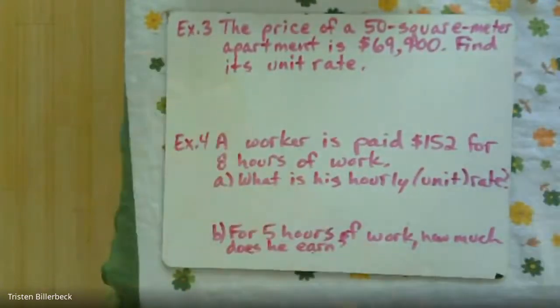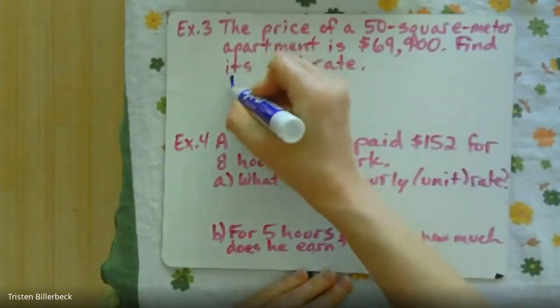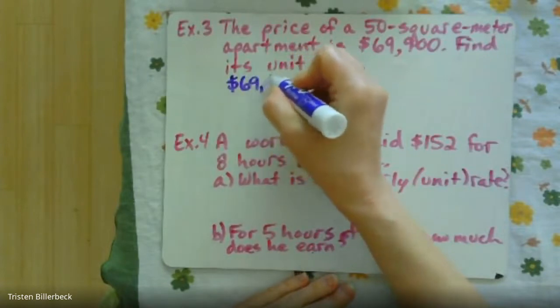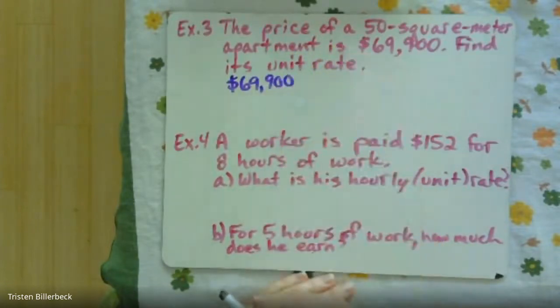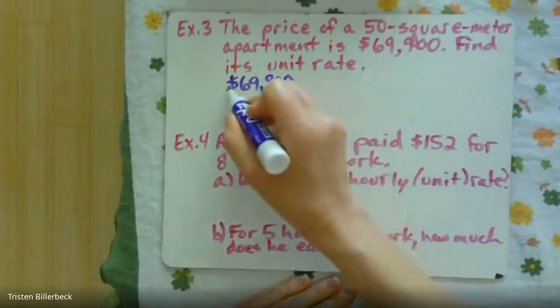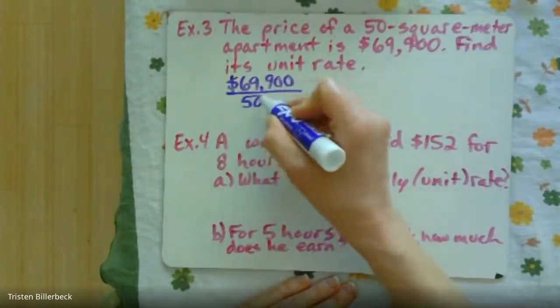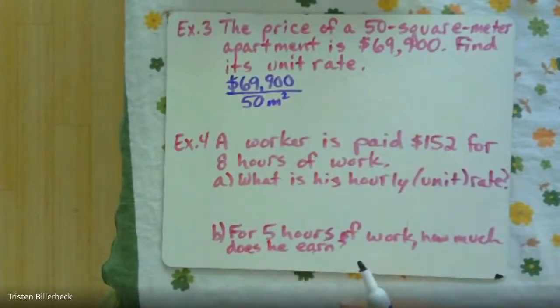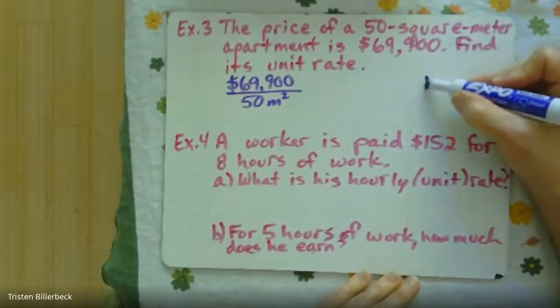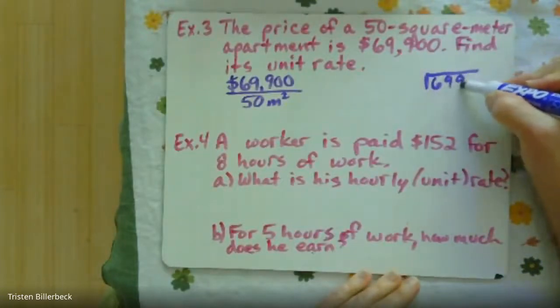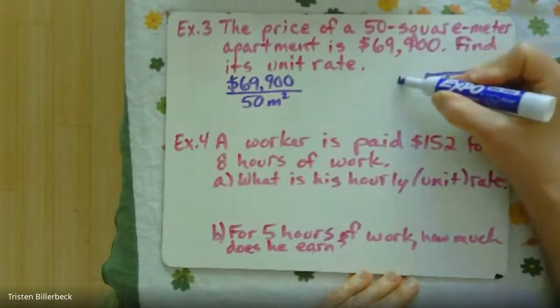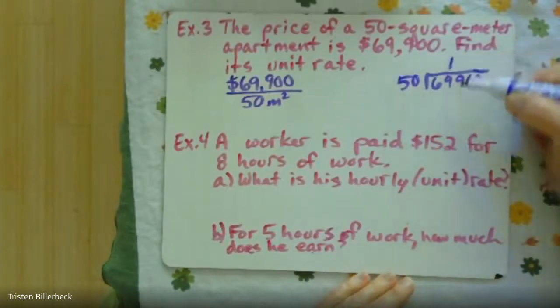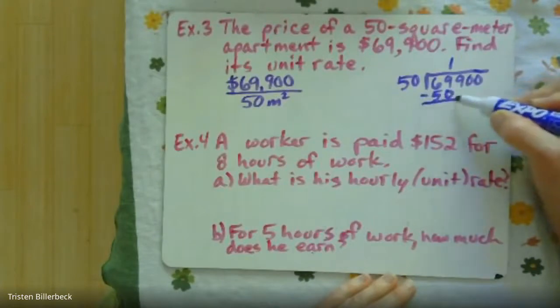All right, the price of a 50 square meter apartment is $69,900. Find its unit rate. Again, we take the dry erase calculator. We have 50 here, and we know there's 1 in 69, so we subtract, we get 19, drop a 9 down.